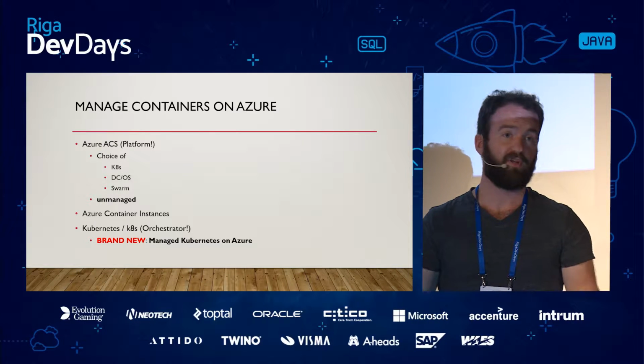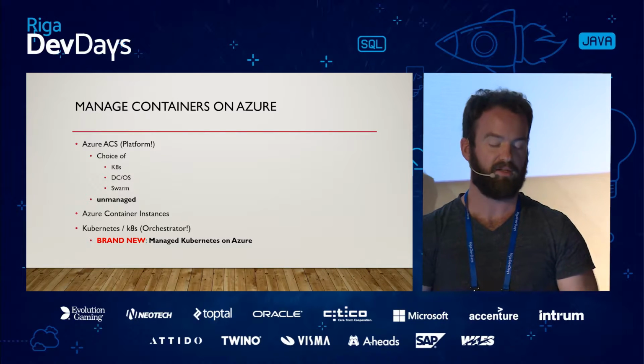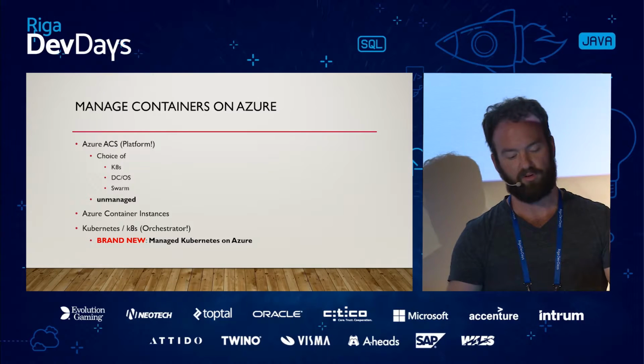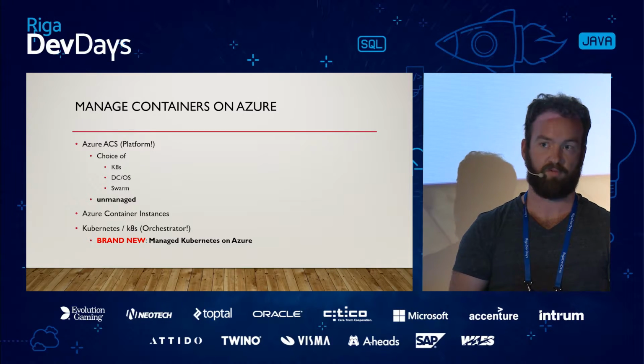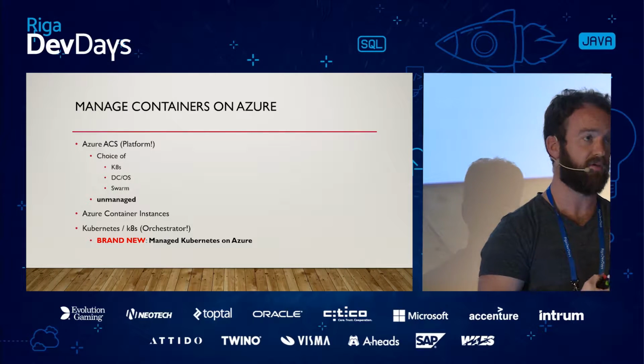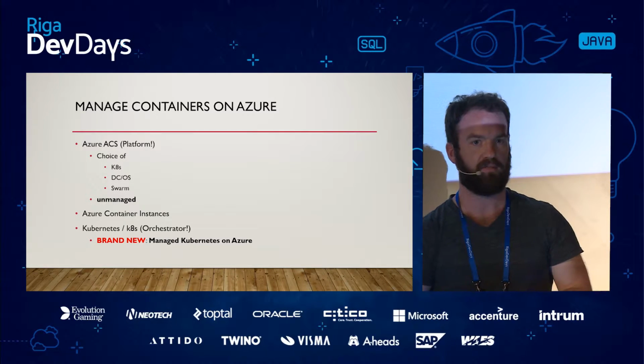Because everybody everywhere said, we really want to use Kubernetes, or we think Kubernetes is the best orchestrator for containers for whatever reason, Microsoft said, okay, we're going to give you a managed Kubernetes environment then.